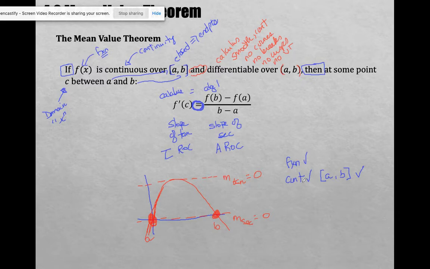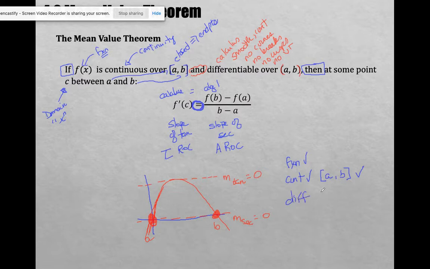But can you imagine, if I had a rational function, it may be broken somewhere, but if I choose an interval where the vertical asymptote doesn't exist, past it or before it, I can still apply the mean value theorem. So I have to be continuous, but not everywhere, just on this interval.